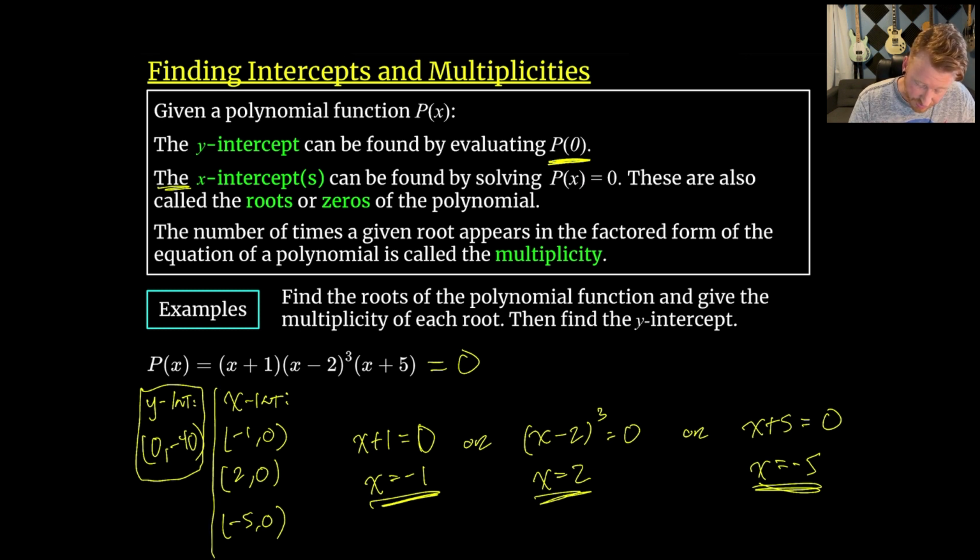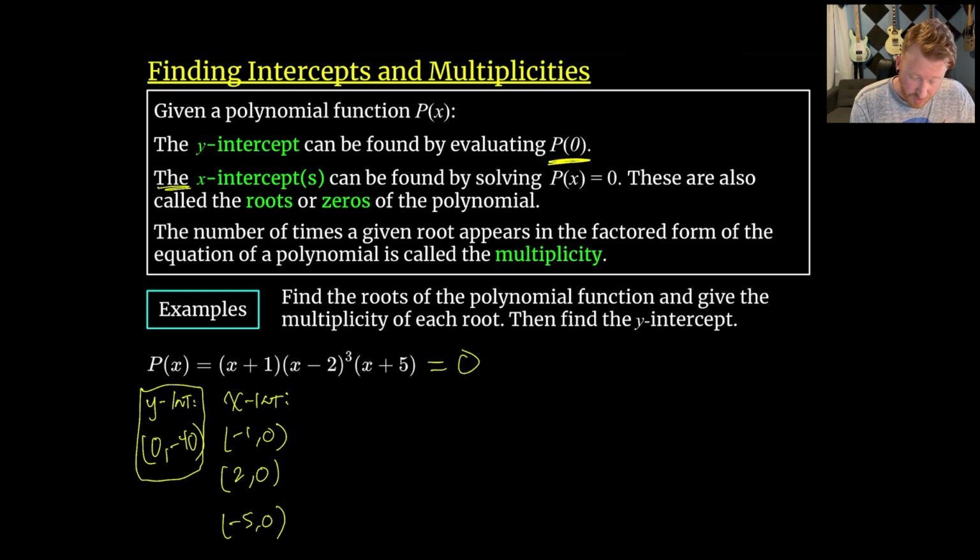Actually, before I box that, the last thing we want to talk about here are the multiplicities for each of these roots. Back up to our definition: the number of times a given root appears in the factored form of the equation of the polynomial is called the multiplicity.